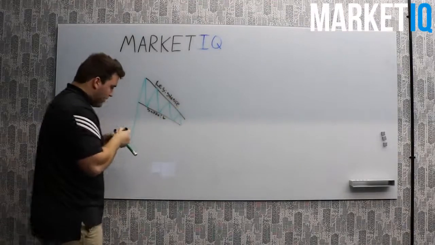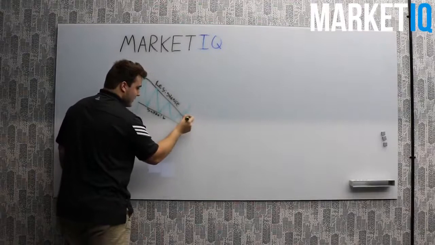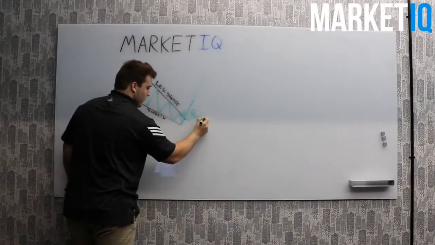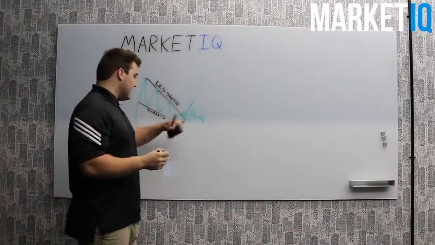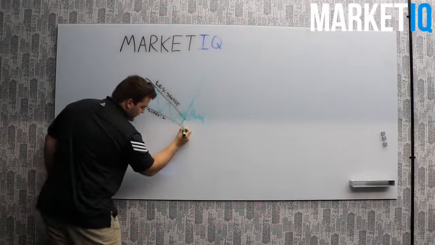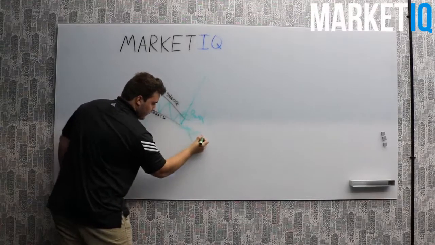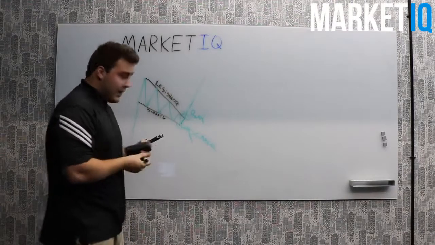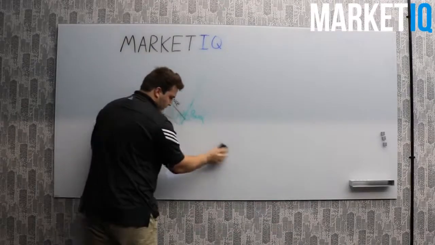Just like all other pattern formations, price will then break out, and once it breaks out, this is when we have our buy order, buy signal. That's what tells us. Now if it would happen to break to the downside, it would cancel the trade. That would be a false breakout most likely, and you just would not want to trade it at that point.